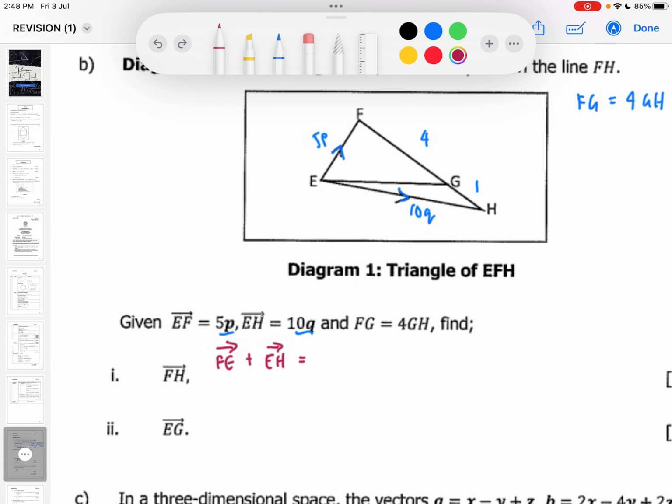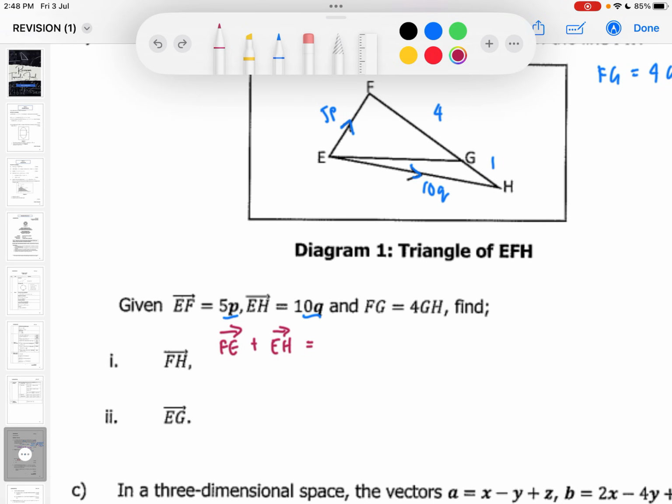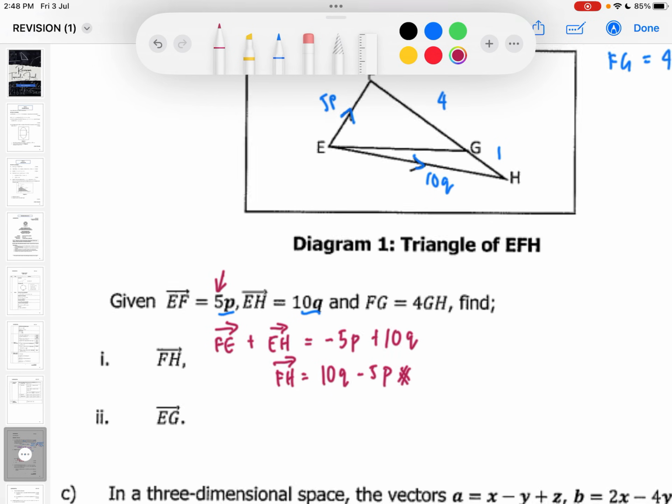But when we flip a vector, you still need to flip the positivity or negativity. Since EF is positive 5p, FE would be negative 5p, plus EH equals 10q. So that is the answer for FH: FH equals negative 5p plus 10q.